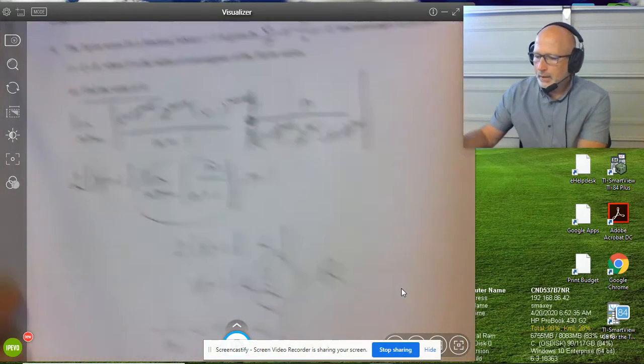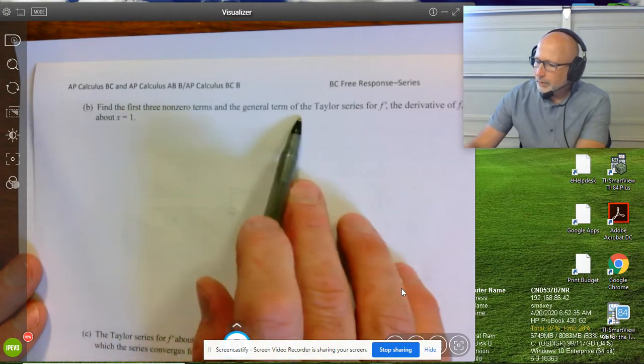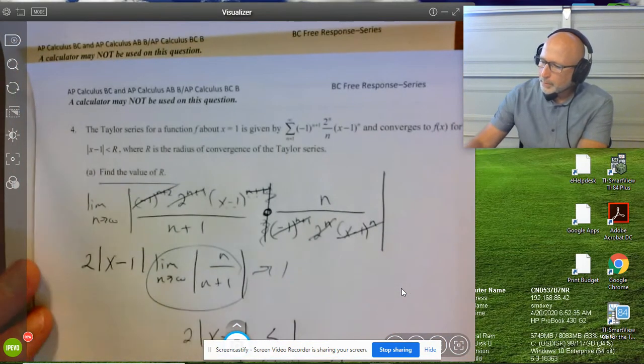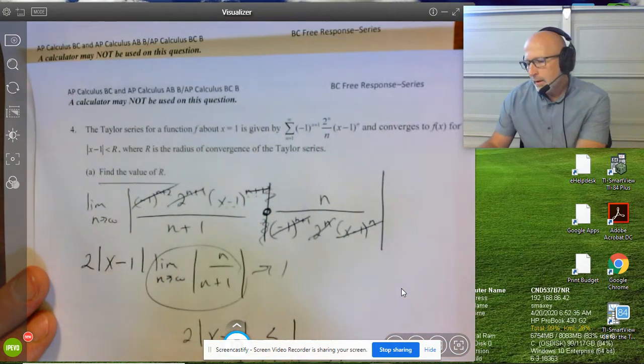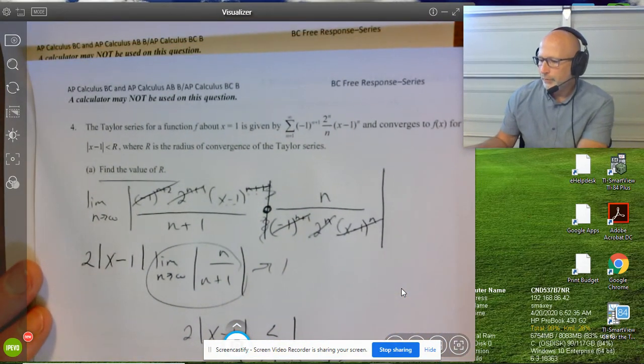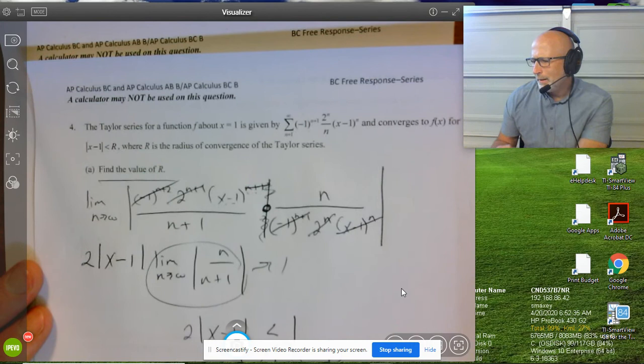Okay, next one. Find the first 3 non-zero terms in the general term of the Taylor series for the derivative of f about 1. So all I need to do is go back here and take the derivative. Now, I'm doing the first 3 terms, so I could write out the first 3 terms and then take the derivative. That's one way you can do it.